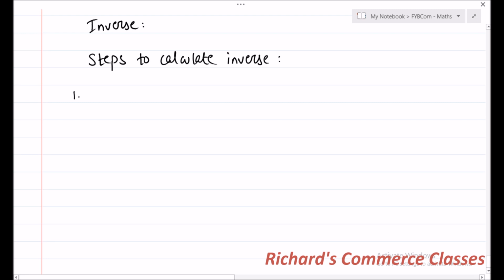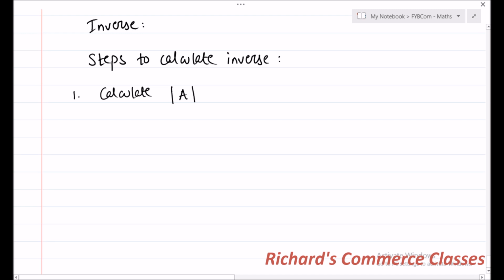Step 1. Calculate determinant A. Let's say we are calculating for a matrix A. First step will be to calculate the determinant of A.